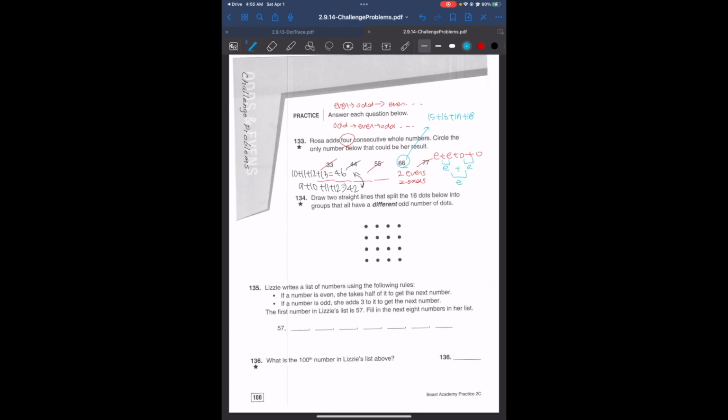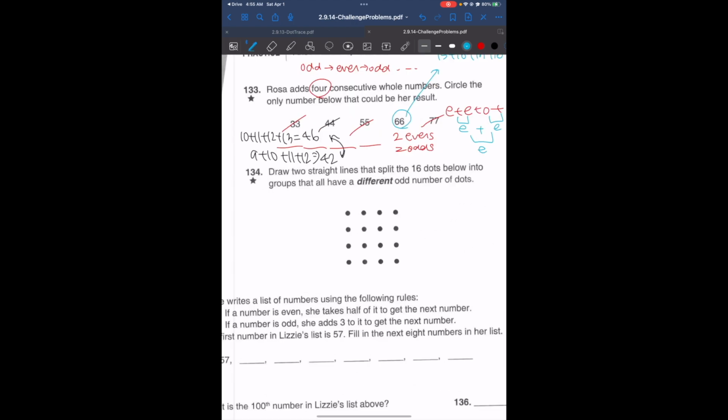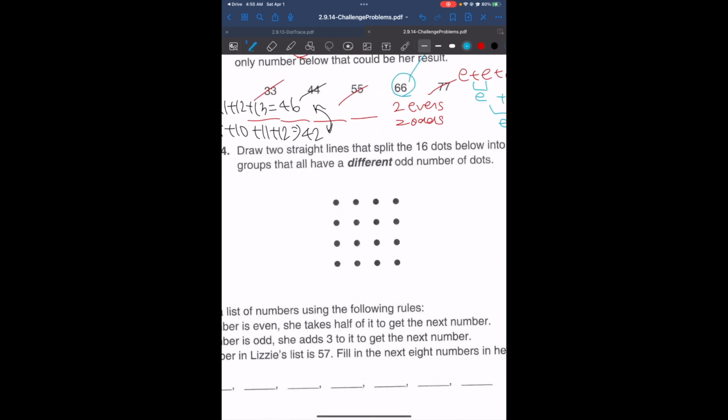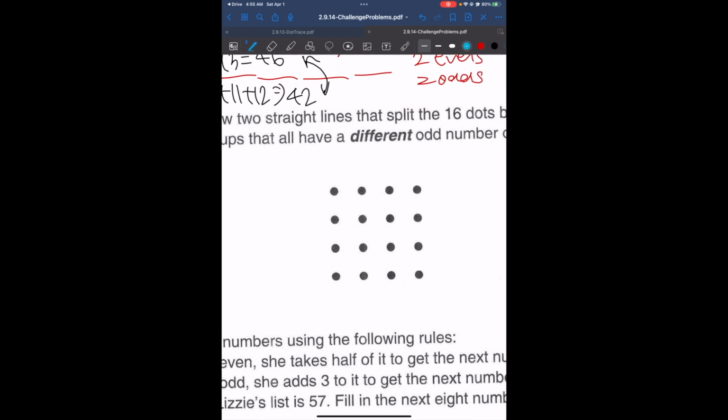Now we're going to look at problem 134. It says, draw 2 straight lines that split the 16 dots below into groups that all have a different odd number of dots. There are multiple ways to do this, but one way is we're going to split it like this.